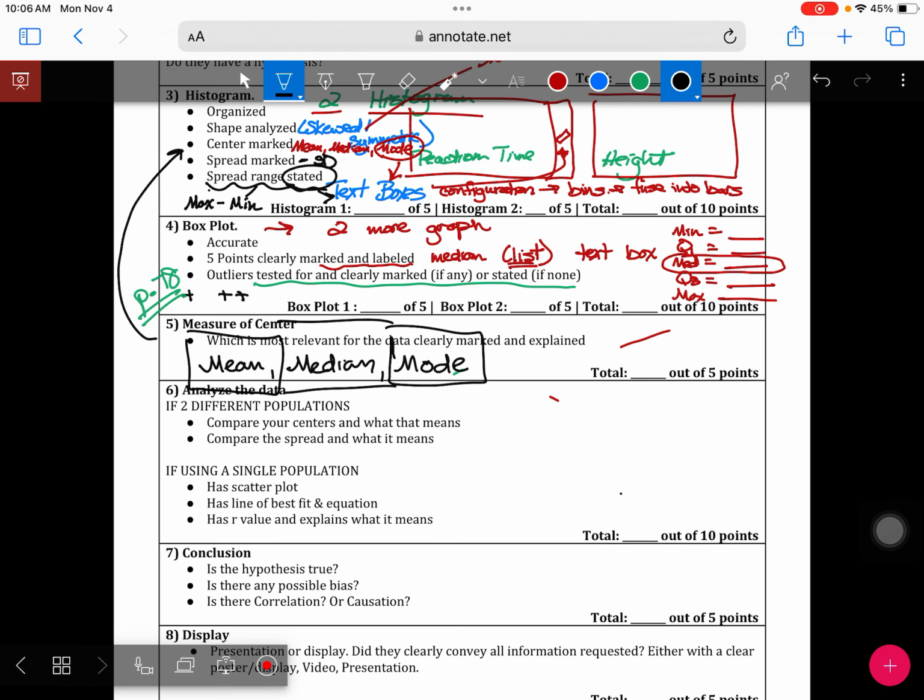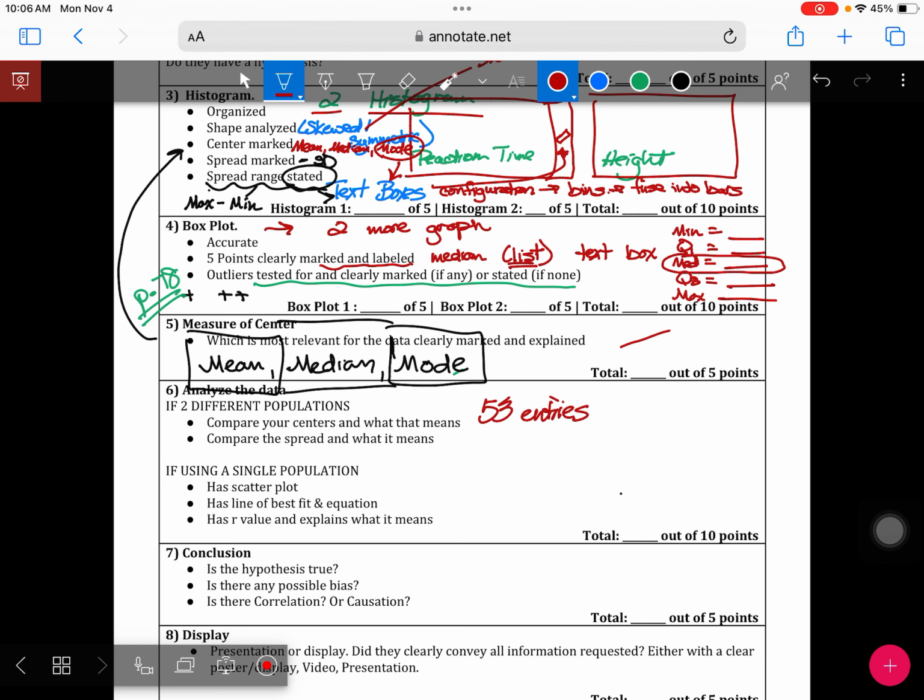Okay? Now, I am assuming that most of you are going to use data from my classes, which is this class and the other prime class. And I think there are 53 entries. Okay?